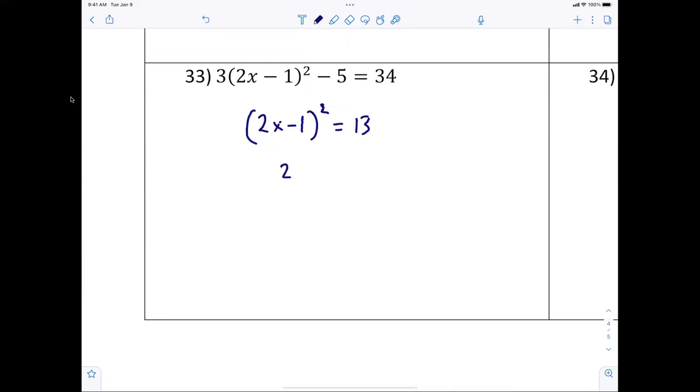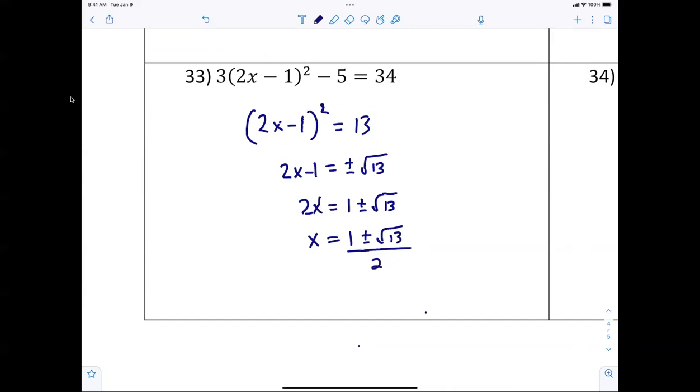So 2x minus 1 equals plus or minus radical 13. Now add 1: 2x equals 1 plus or minus square root 13. Divide by 2. Anybody have any issues?